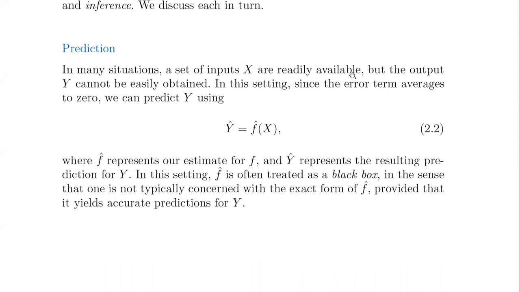In many situations, a set of inputs x are readily available. And do remember, x very often is going to be a vector. It's not going to consist of a single characteristic of your data subject.